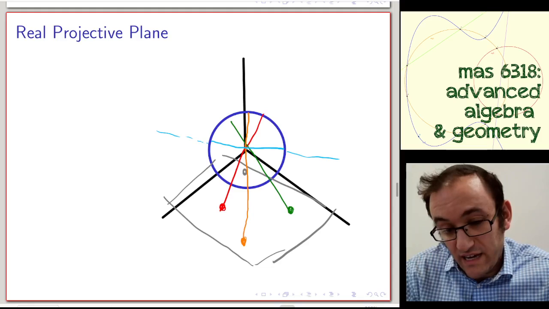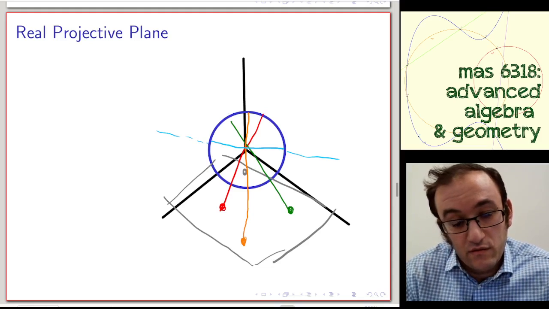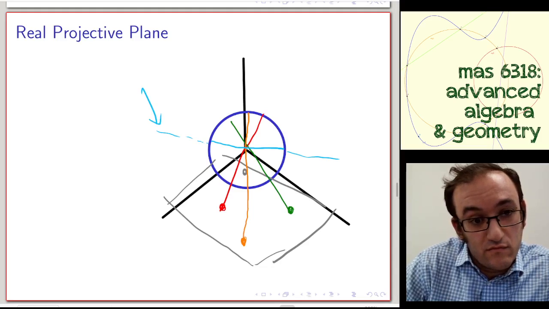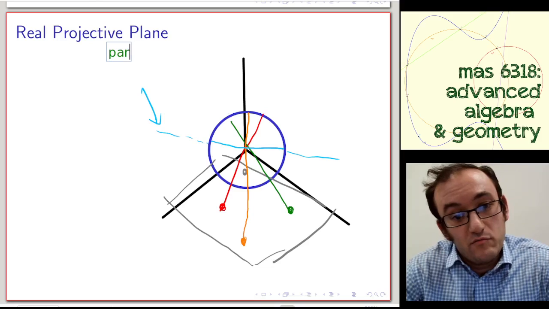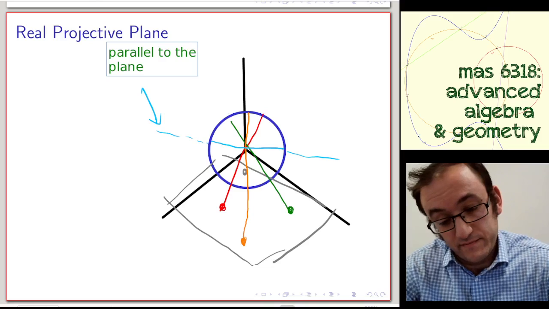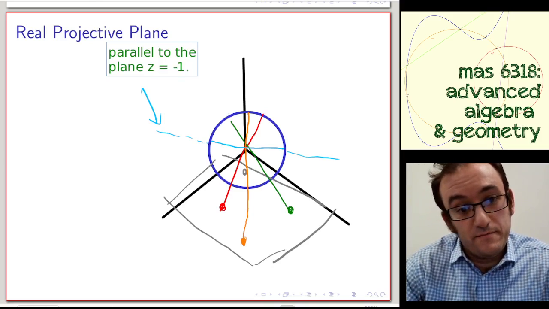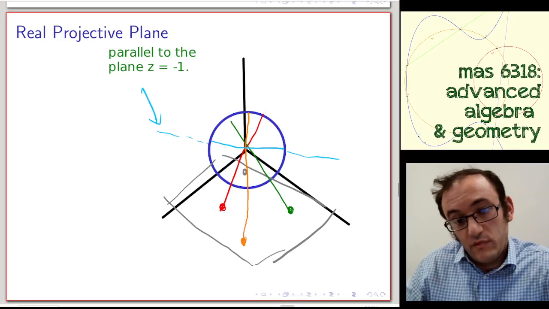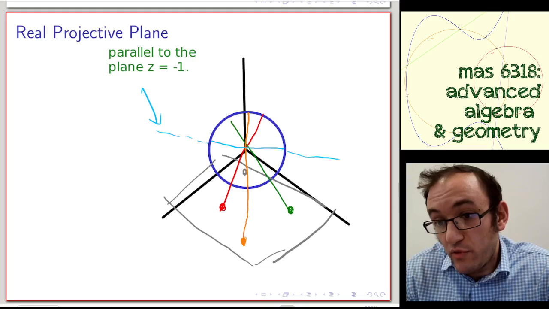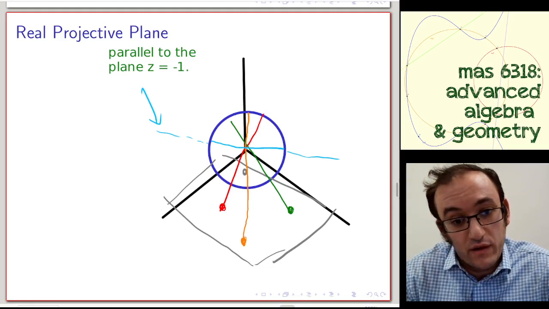So for those lines, which are parallel to the plane z equals -1, these will correspond to points at infinity.